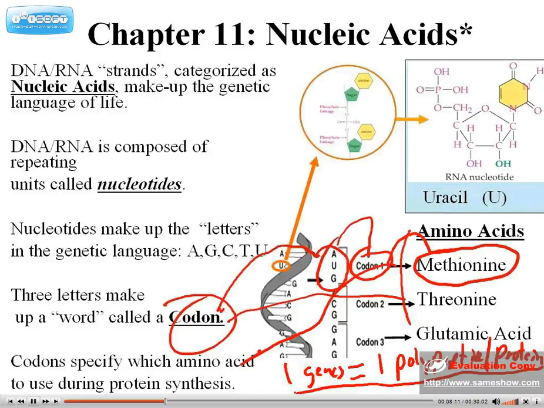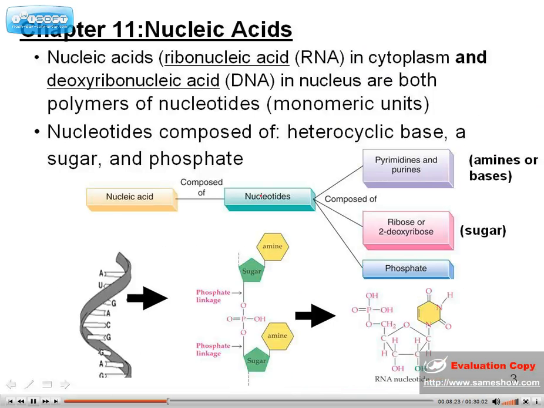Now, DNA and RNA have a lot more applications than just synthesizing proteins, but as far as this class goes, that's what we're going to be focusing on primarily. Here is another picture, again showing the general breakdown.